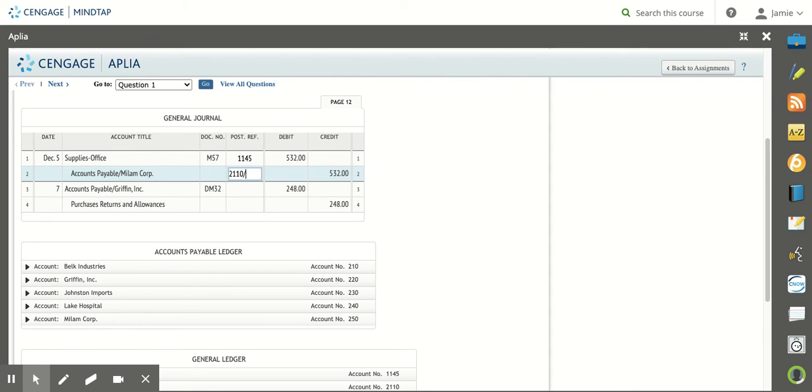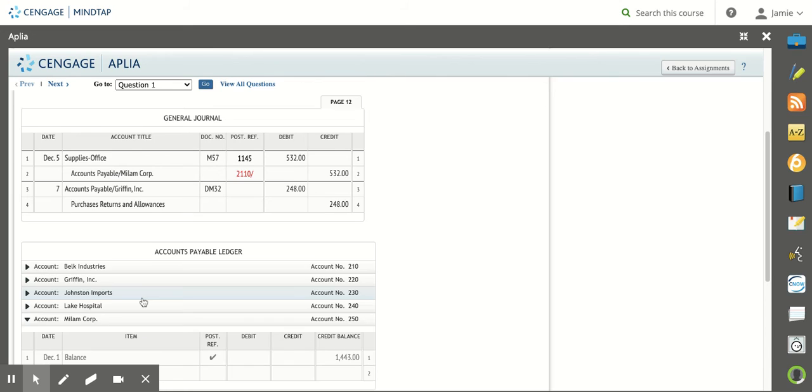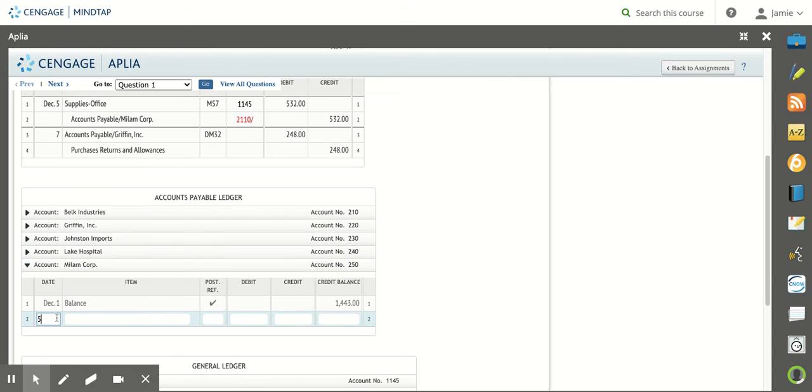Next, we need to credit Milam Corp. for that same amount. December 5th, G12, a credit of $532, credit and a credit. So our new balance for Milam Corp would be $1,975, and that's account number 250 back in our journal.